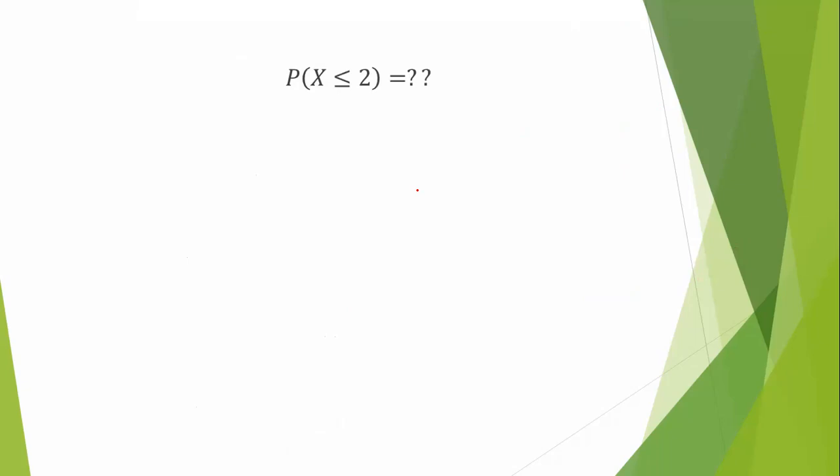Then which numbers are less or equal to 2? 0, 1, and 2. So this would be the same as probability of x equaling to 0 plus probability of x equaling to 1, then plus probability of x equaling to 2.